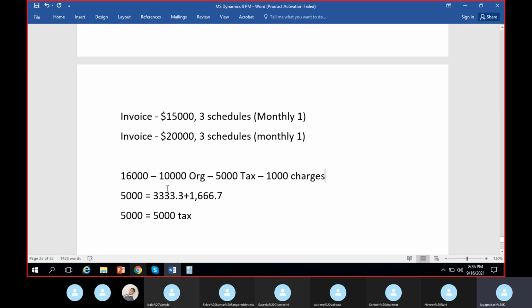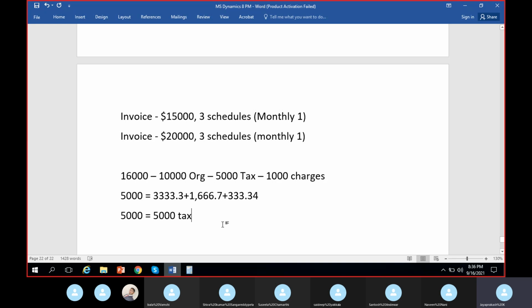So you can define it in the system in the same way. You will get another 333.3 or 334, something like this, if it is proportional. If it is first installment, then again it will be adjusted, like the 5,000 and the 1,000.